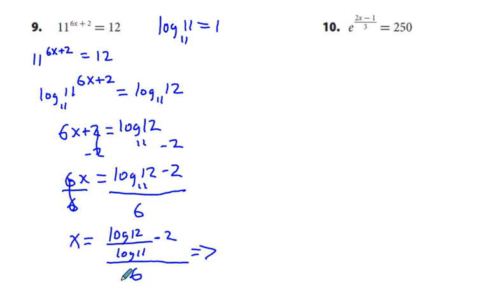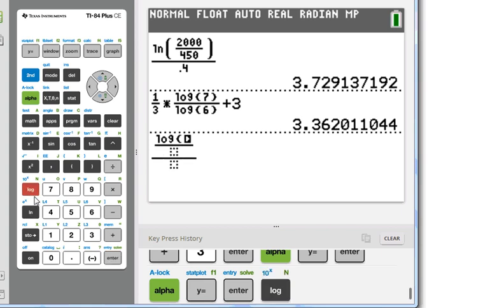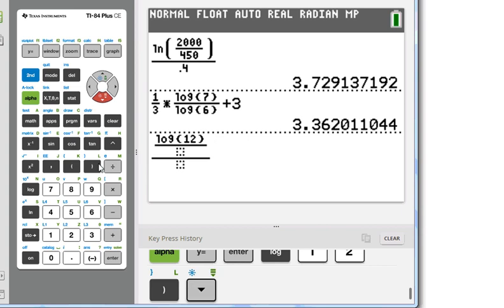So here we have our calculator. So we have log 12 over log 11.